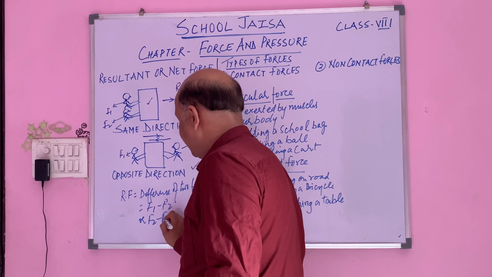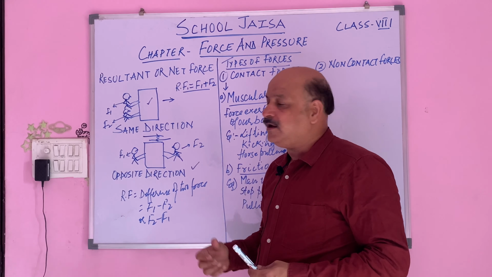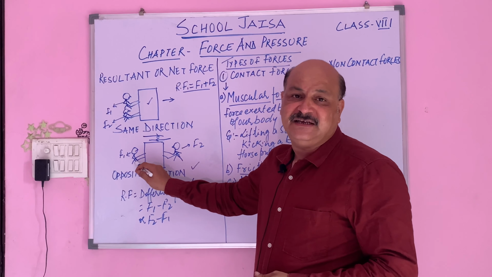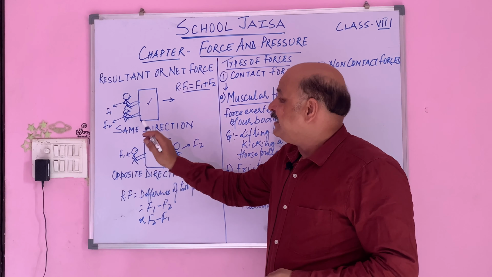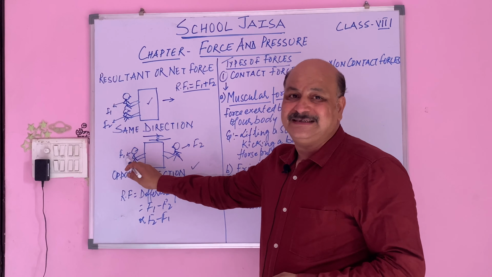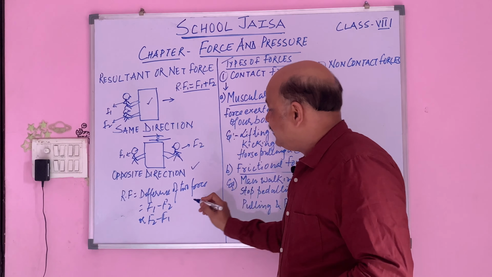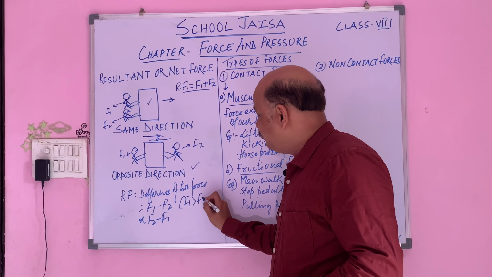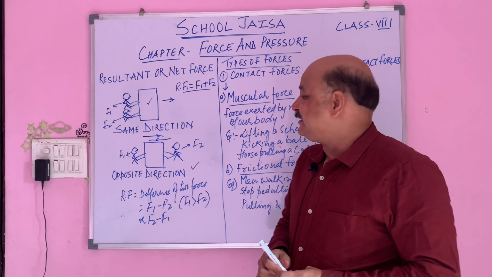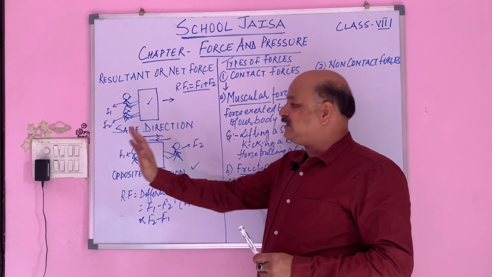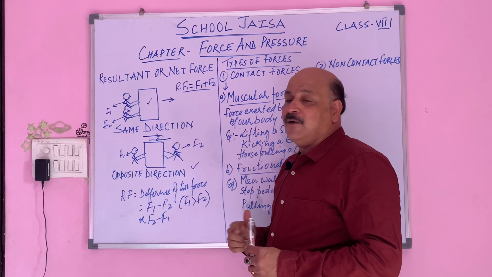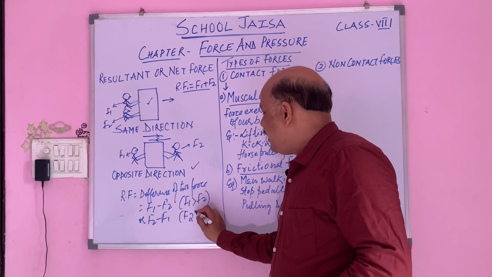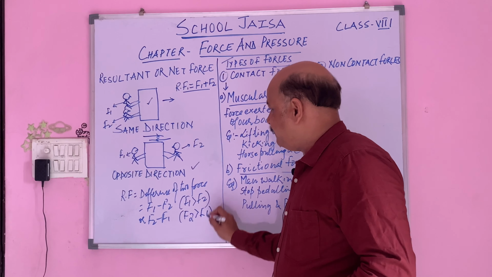Because we are not sure who is pushing with greater energy. If the first person is pushing with greater energy, that means this person's force is greater, then the resultant force will be F1 minus F2. But if the second person is pushing the cupboard with a greater force, then the resultant will be F2 minus F1.